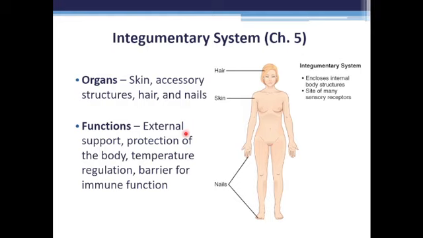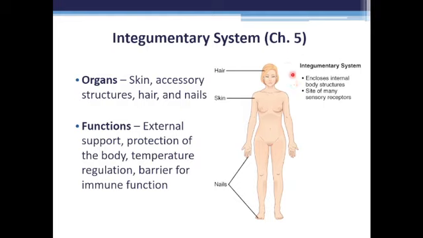The functions are external support, protection, temperature regulation, and a barrier for immune function. Because if we don't have any skin, we're going to look a bit weird. So the integumentary system provides external support and protection of the body.